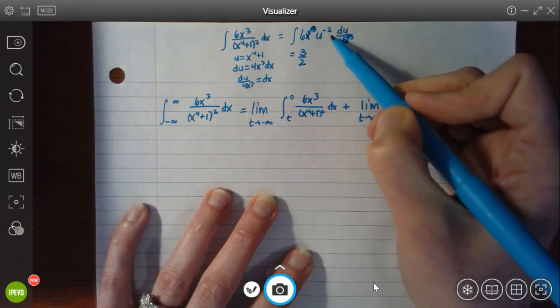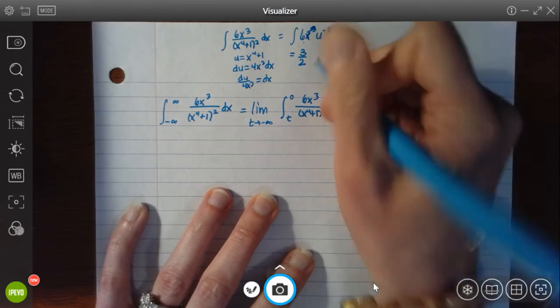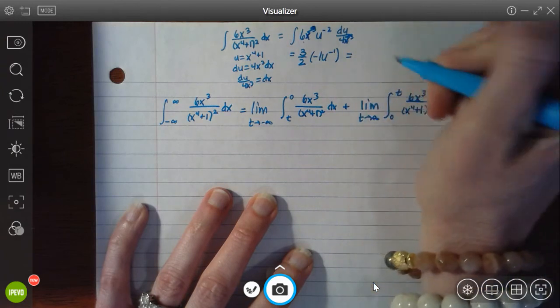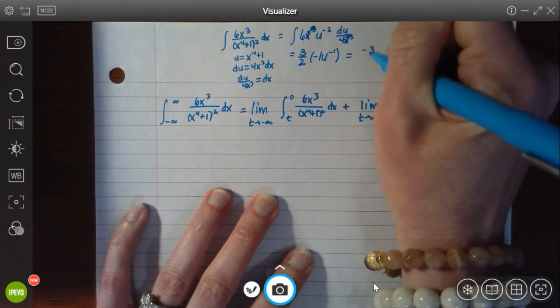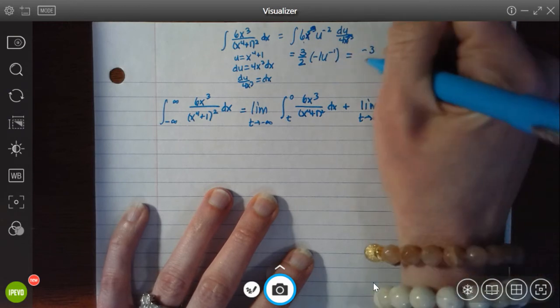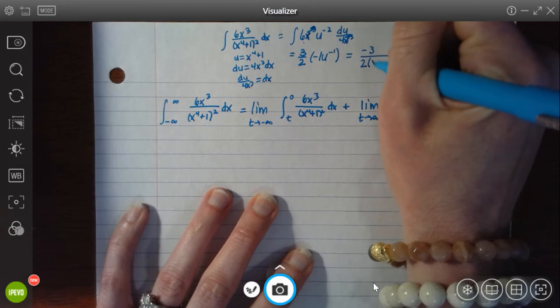If we do the antiderivative of u to the negative 2, that's going to be negative 1 times u to the negative 1. So if I rewrite that, I'm going to get negative 3 over 2 times u to the negative 1. I'll put that in the denominator as a positive exponent and replace u with x to the fourth plus 1.